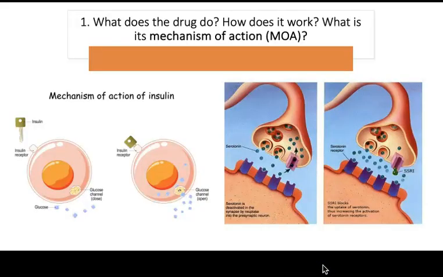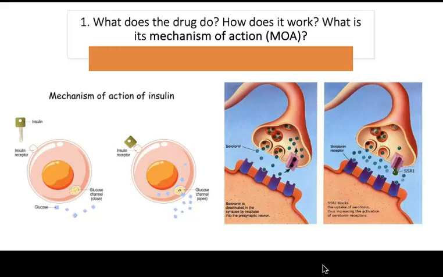So the first thought that we really should focus on is, what does a drug do? How does it work? What is the mechanism of action of this medication? I've given you a couple of different examples here. If you look at the left side, the mechanism of action of insulin: insulin acts as a key to the cell receptor site that opens up a gate or a channel where glucose can then enter the cell and be metabolized, providing additional energy for the cell.